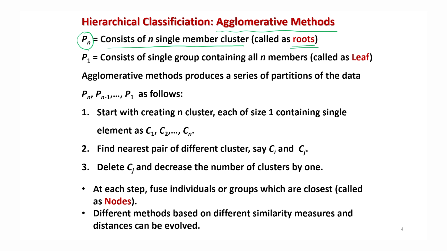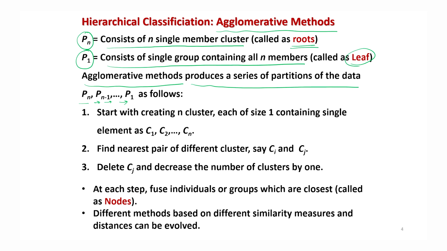And suppose P1 indicates a single group containing all the n members, and this is called the leaf. Now, when we consider the agglomerative methods, they produce a series of partitions of the data from Pn to Pn minus 1, Pn minus 1 to Pn minus 2, and finally up to P1, right.